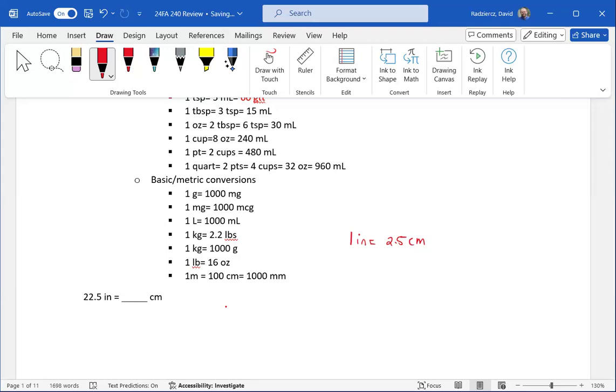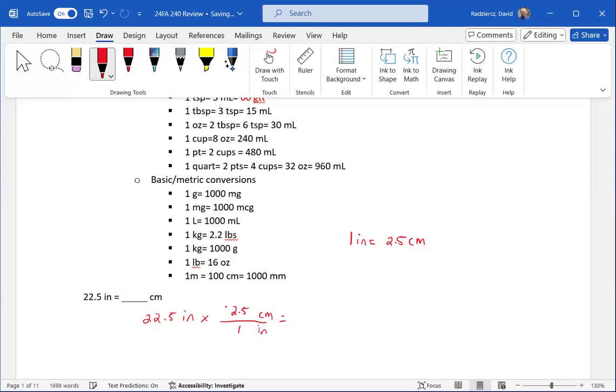Okay. So then we're just going to do a conversion here. So I have 22.5 inches, and I'm going to convert inches to centimeters. 1 inch is 2.5 centimeters.